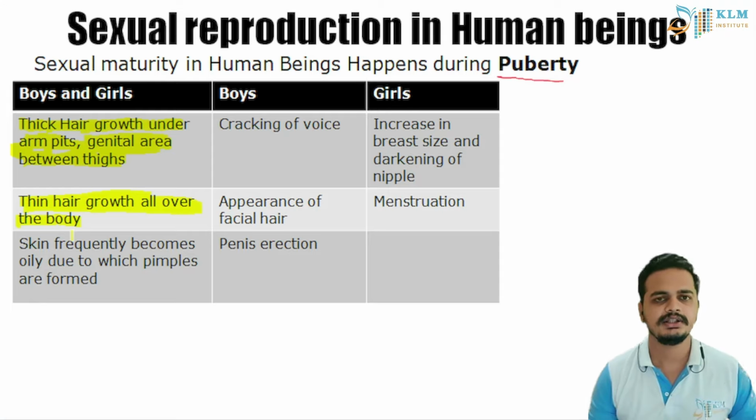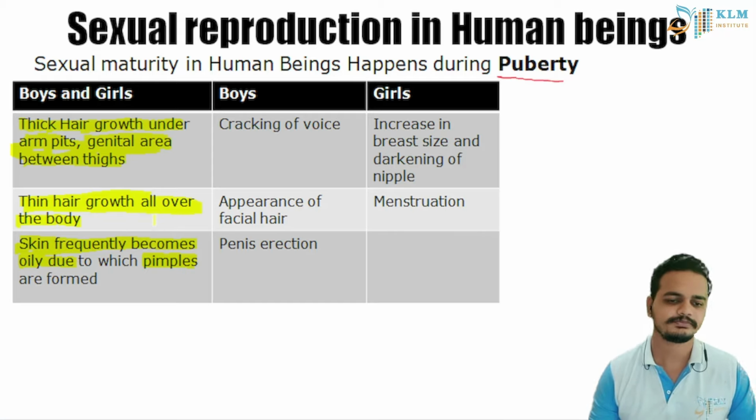And skin, a lot of people get irritated by this. A lot of teenage students' skin becomes oily, which leads to the formation of pimples. If you have an elderly person at home, you can ask them. They will tell you that it will go away after a few years, or 1 or 2 years, depending on your puberty phase.